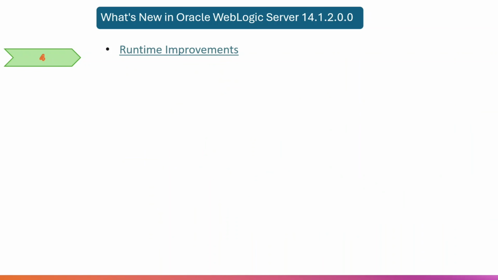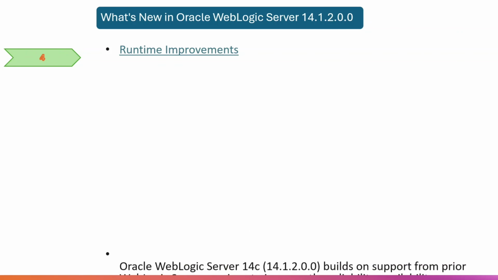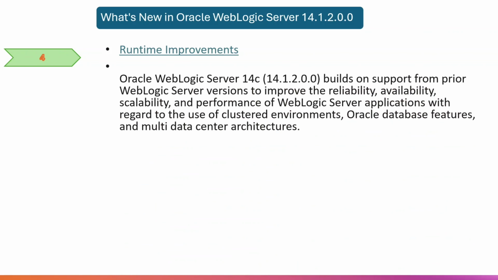Another change we will see is in terms of the runtimes. They have also improved their runtimes. WebLogic 14c builds on support from the prior WebLogic Server version to improve the reliability, availability, scalability, and performance of the WebLogic application server with regard to the use of clustered environments, Oracle database features, and multi-data center architectures.